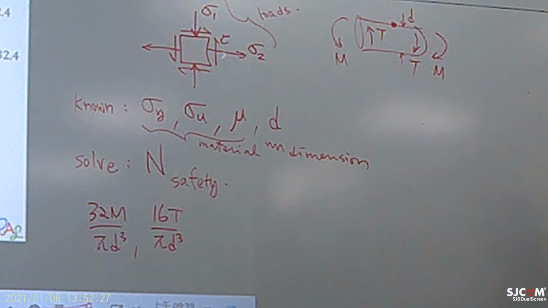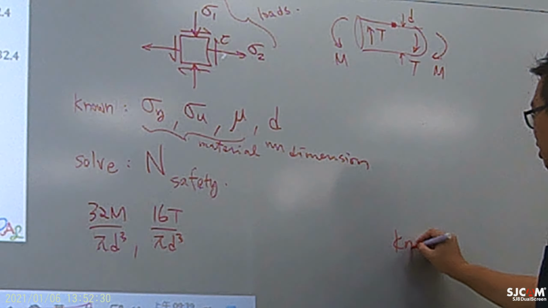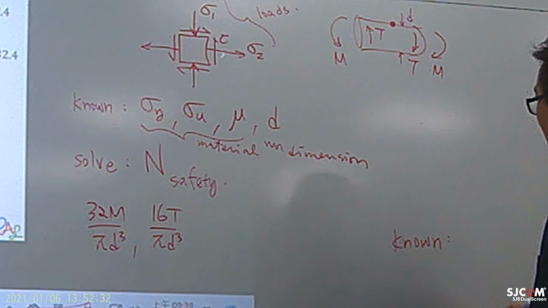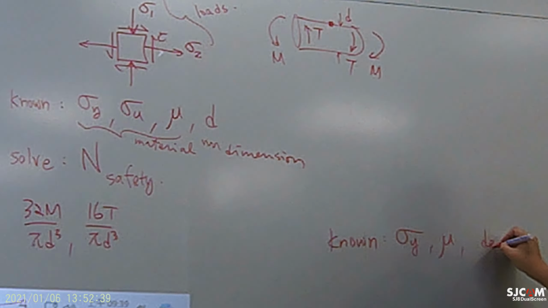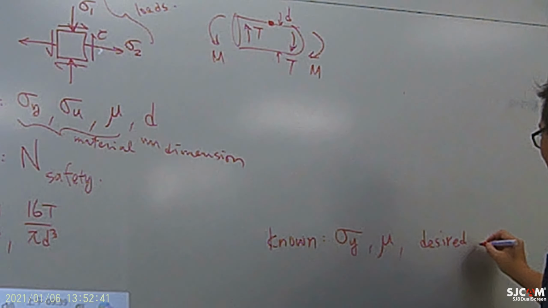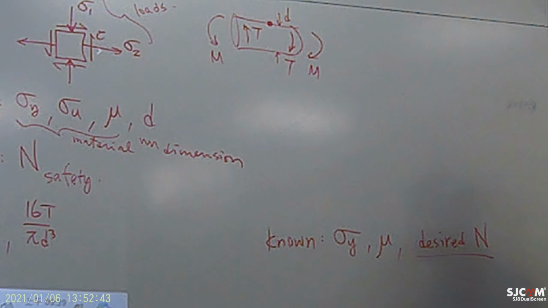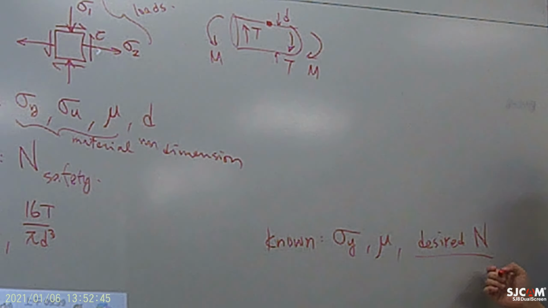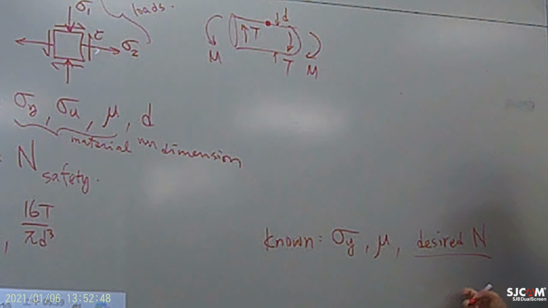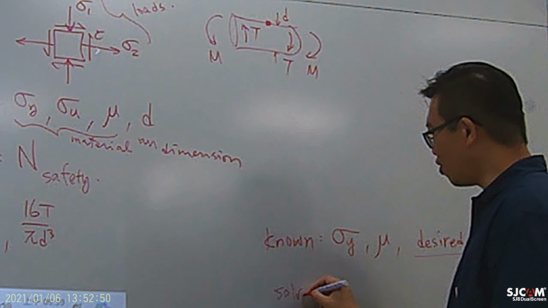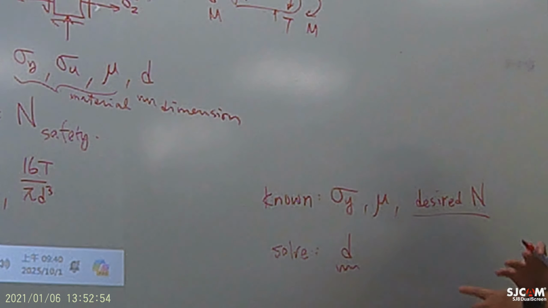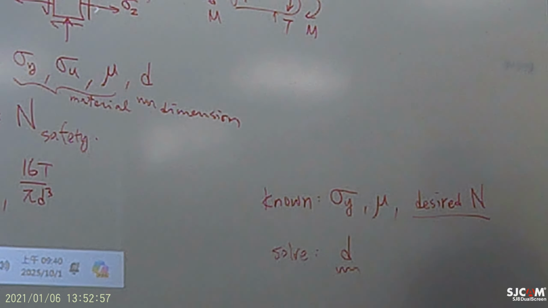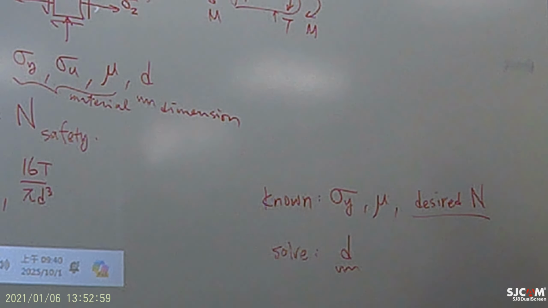Or I can make switches. I can say, okay, now I give you material property, and I give you a desired safety level. I want you to design for a certain level of safety, and I want you to solve for maybe the diameter. So basically the same equation, but a different unknown.